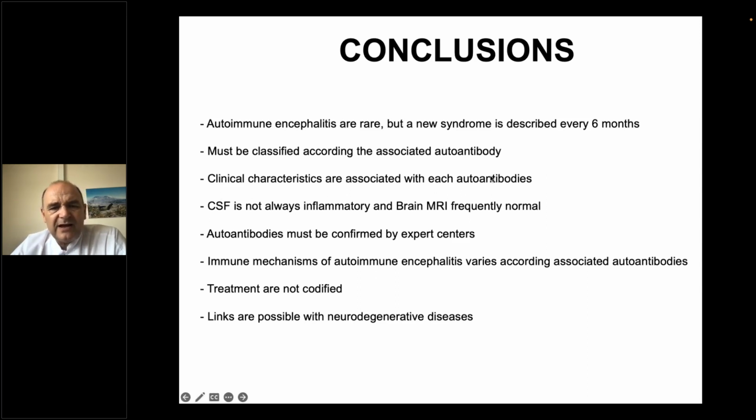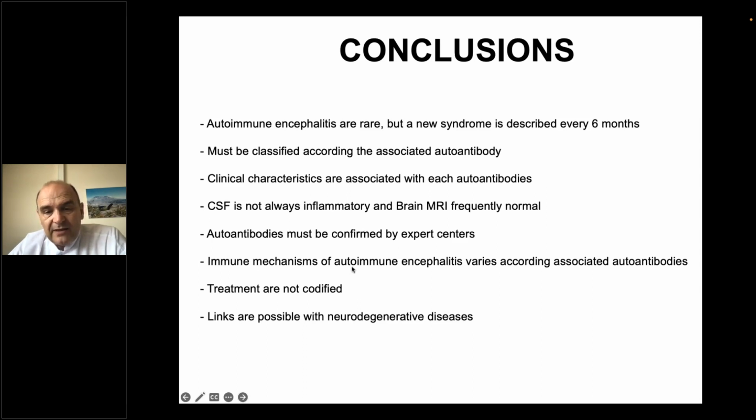Clinical characteristics are associated with each autoantibody. So semiology is very important to think about the possible cause of the disease and the identification of the autoantibodies. CSF is not always inflammatory, and so you may have autoimmune disease without inflammation in the CSF. Autoantibodies must be confirmed by expert centers.